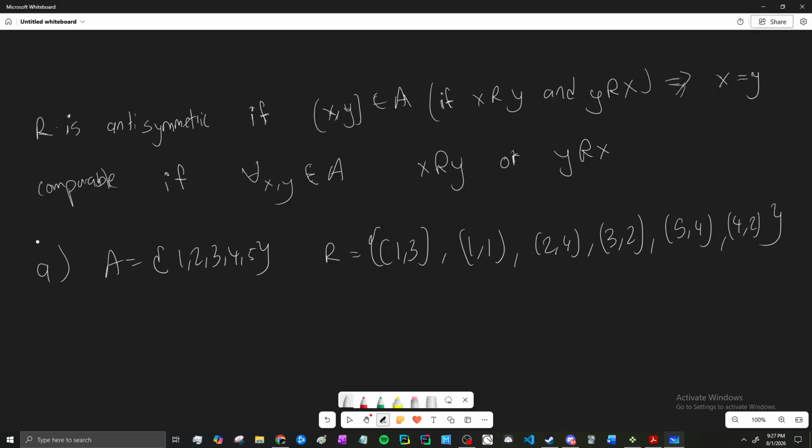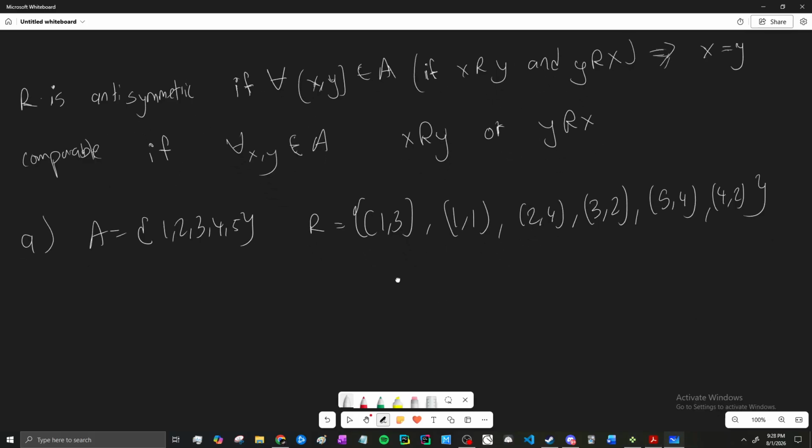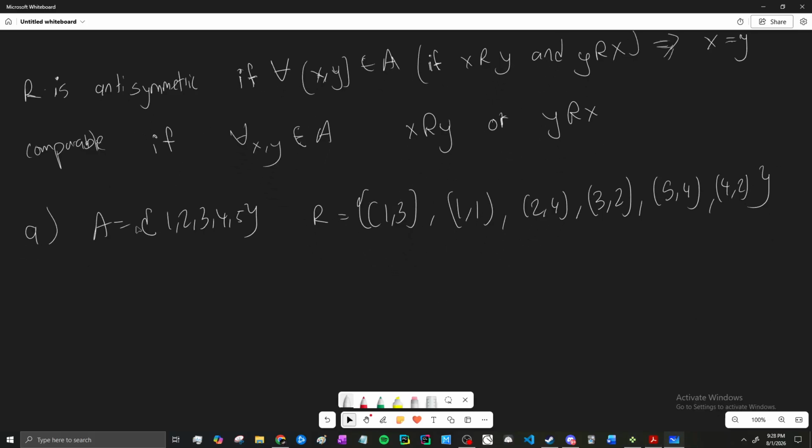So given this value, we have to make sure it is anti-symmetric. I don't know if this is exists or just for all. Nope, it's for all. So it's saying for all right here, every single one, so for all A here.